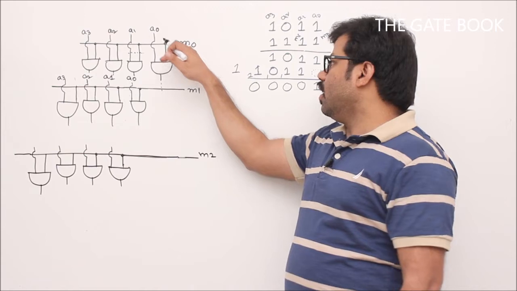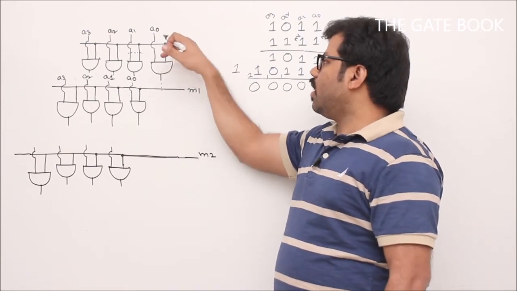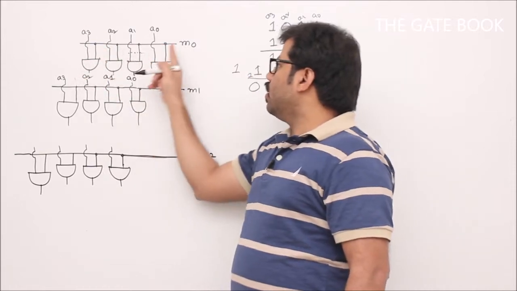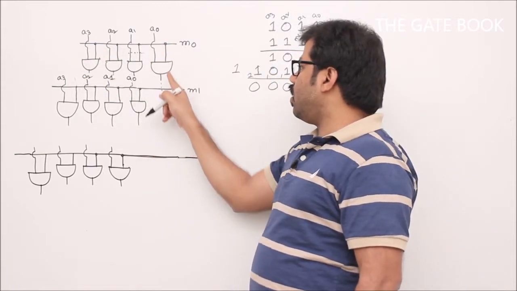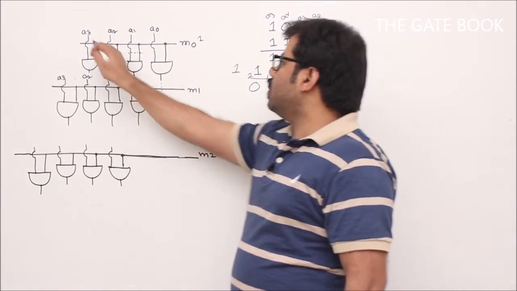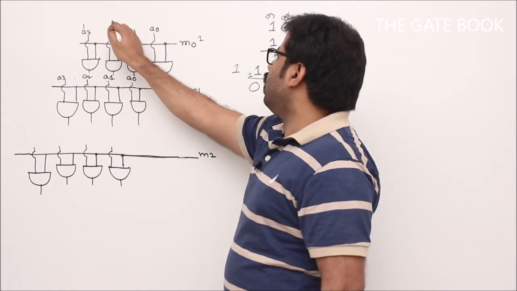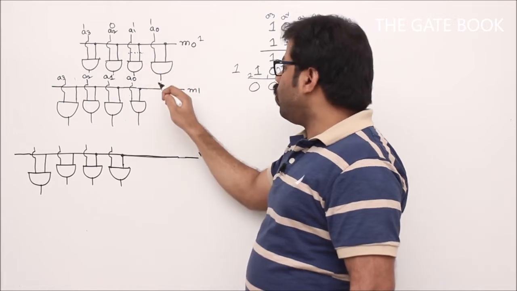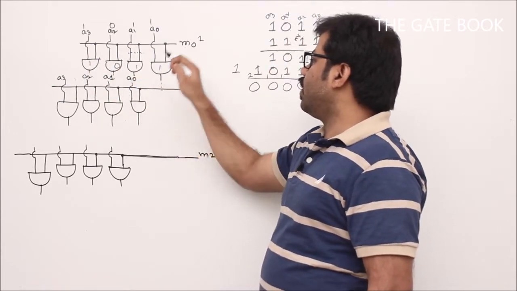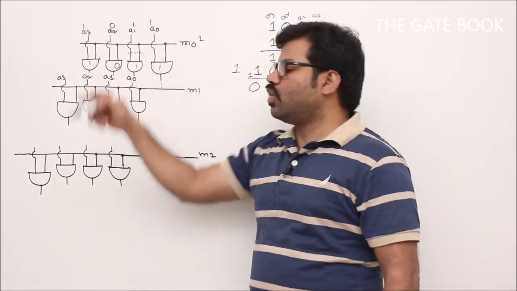It's not very difficult to understand. Assume that m0 contains a value, maybe 0 or 1, whatever, that will be propagated. So here we will be getting m0 dot a0. Exactly here, example, if it is 1 and this is really 1 0 1 1, then you are going to get here 1 0 1 1 because of the AND gate, right? AND gate's result I am writing here 1 0 1 1.